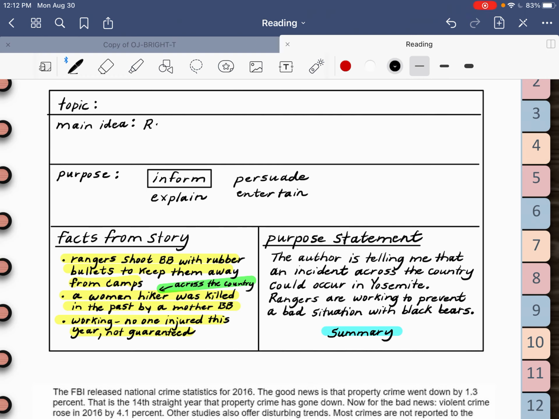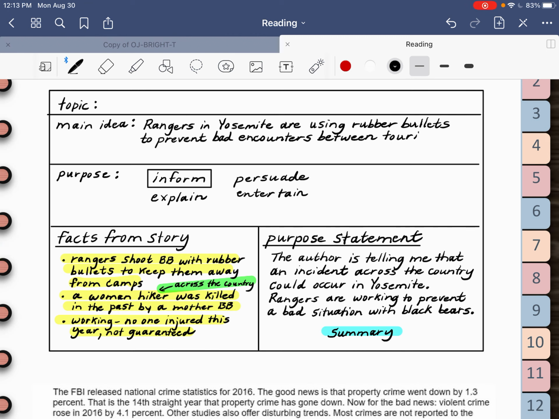I'm going to say rangers in Yosemite, Yosemite needs to be capitalized, are using rubber bullets to prevent bad encounters between tourists and black bears.